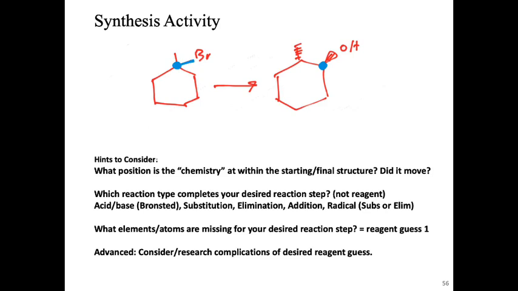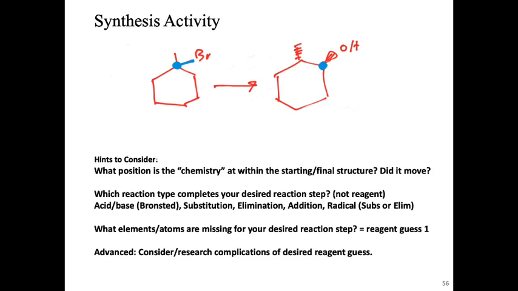Radical, it's not an alkane or an alkene, so that doesn't really fit there. It's not acid base because it's not acidic, which means elimination. At the end of an elimination, I formed a pi bond. A pi bond has two reactive sites. I'm starting with one.